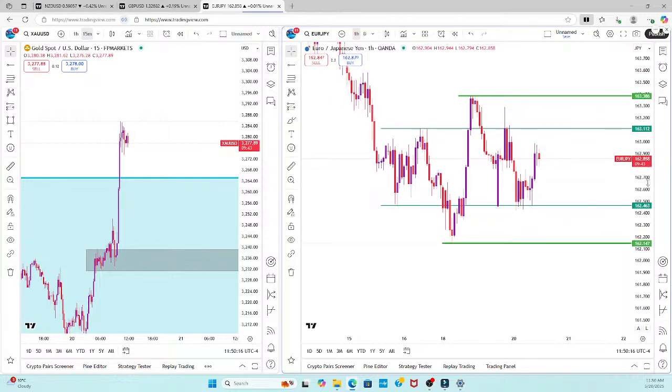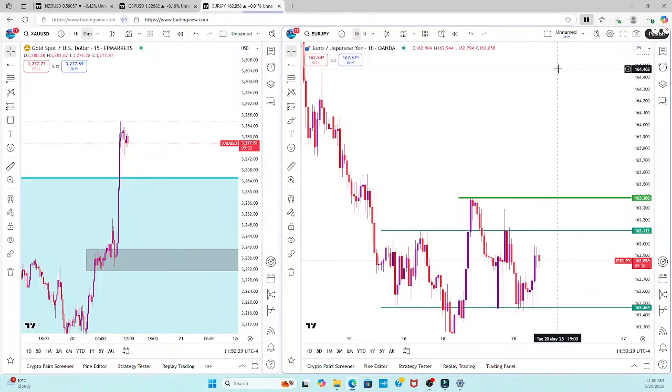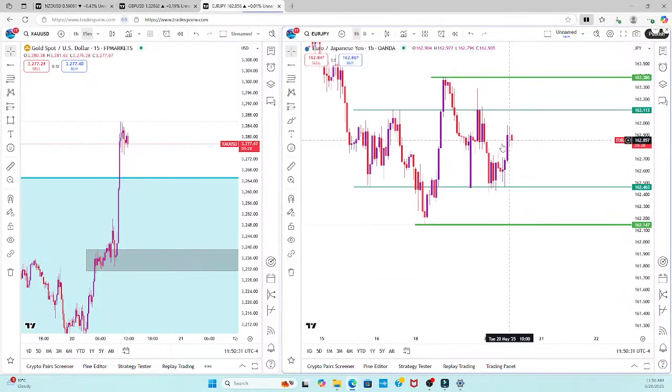In the 1 hour time frame, one of two things is going to happen. Either we're going to anticipate a continuation, a buy, for the price to continue buying, and then we basically start heading higher and higher. Or if the price wants to continue selling off, it needs to break this current low.